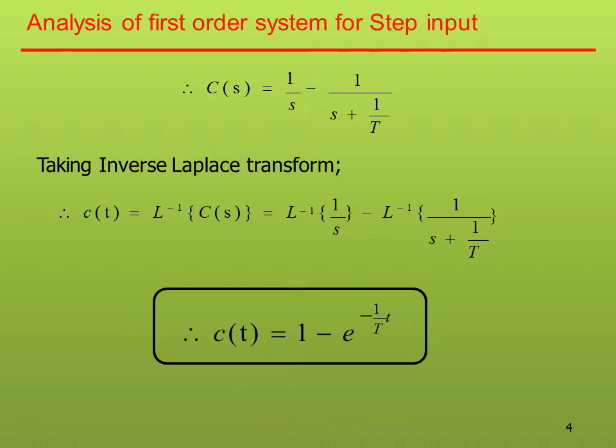So the equation becomes C(s) equal to 1 upon s minus 1 divided by s plus 1 upon T. Taking the inverse Laplace transform, the Laplace inverse of 1 upon s is equal to 1, and the Laplace inverse of 1 upon s plus 1 upon T is e raised to minus t by T. So c(t) is equal to 1 minus e raised to minus t by T.